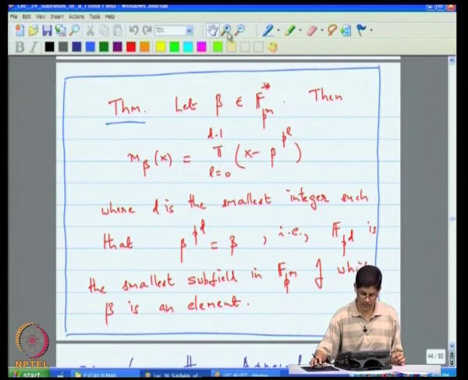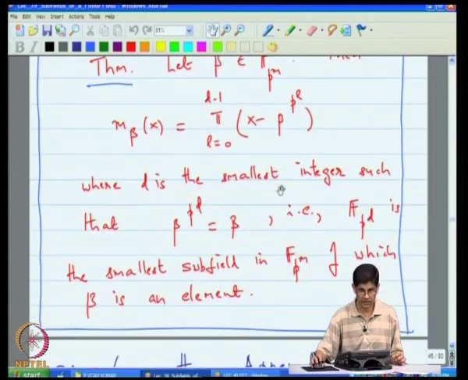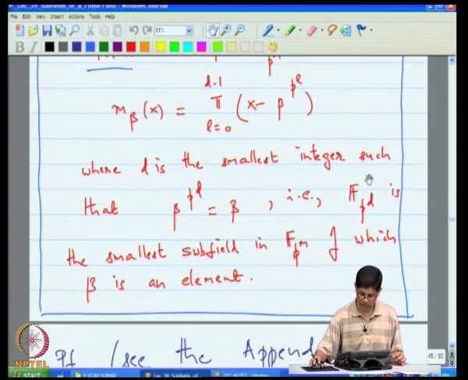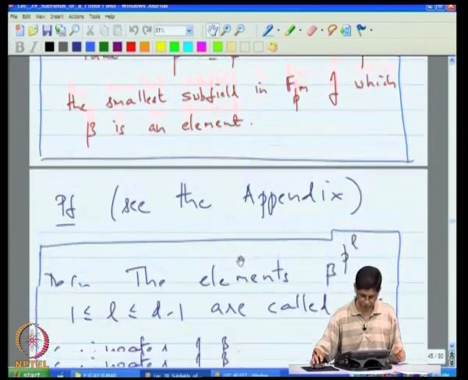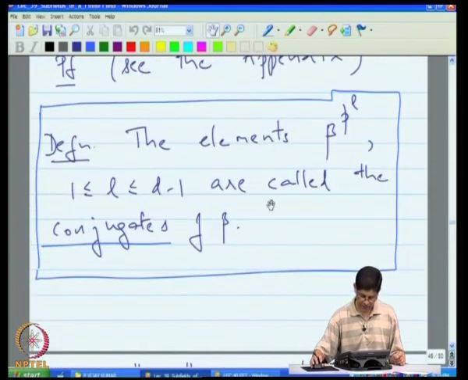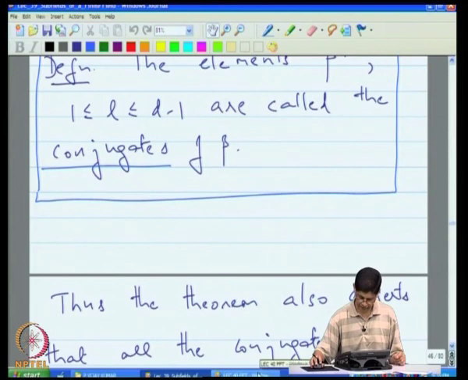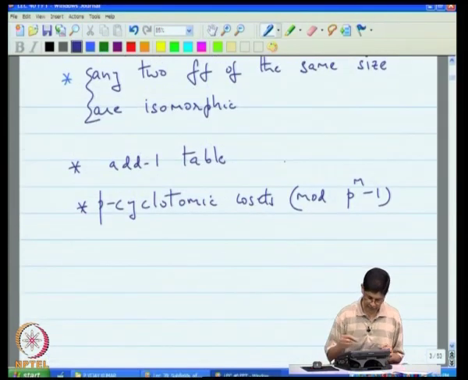So what is this d? d is the smallest integer such that beta to the p to the d is beta. That is, the finite field of size p to the d is the smallest subfield in F p to the m, of which beta is an element. Proof is in the appendix. So, let us put that down.